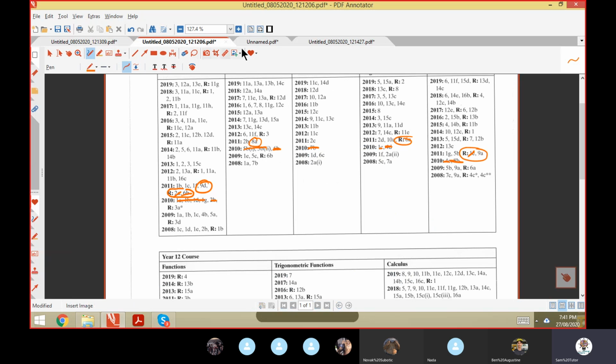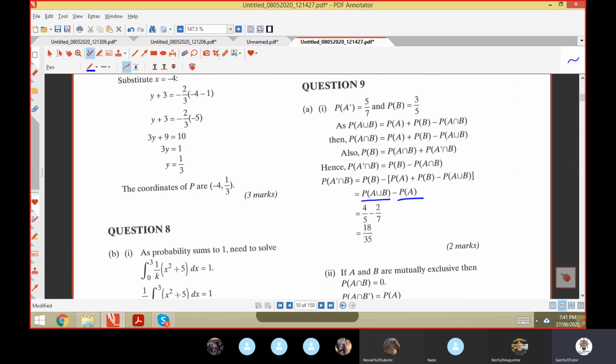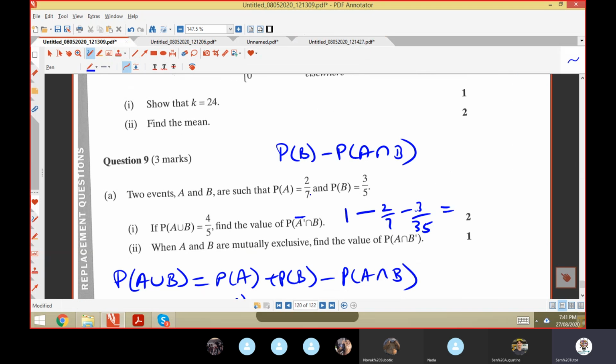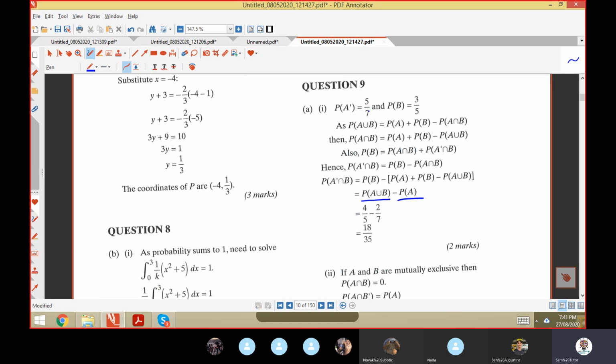Now it's time for me to think, since I got it wrong. Probability of A is 2 out of 7. Probability of not A is 5 out of 7. We agree with that. Probability of A union B is this. We agree with that. Probability of A intersect B, I agree with that. Probability of B equals probability of A and B plus probability of not A and B. Yes, I agree with that.